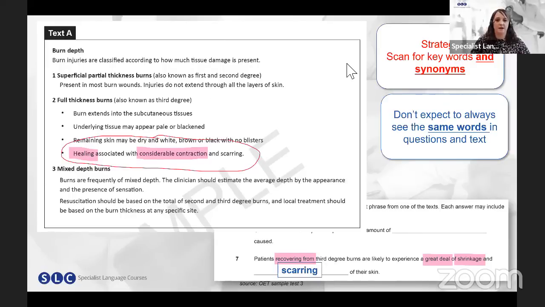So we've got recover from and healing associated with, and then a great deal of shrinkage, a great deal, we've got considerable, and shrinkage, we've got contraction. So you need to have an awareness of synonyms relating to the words that you find in the question.